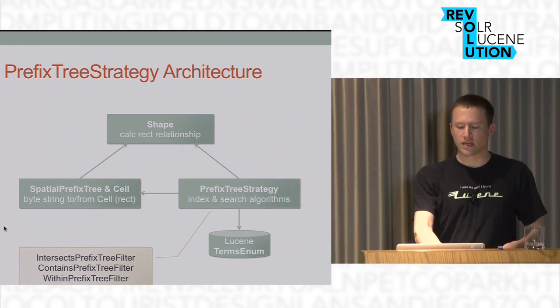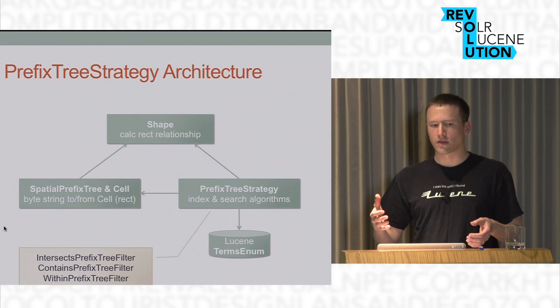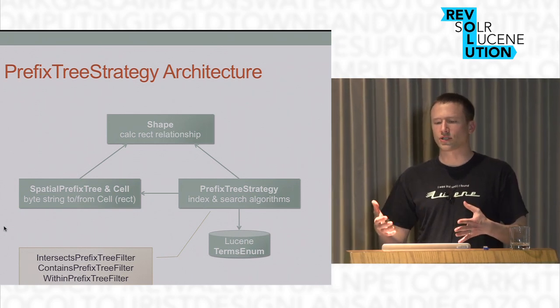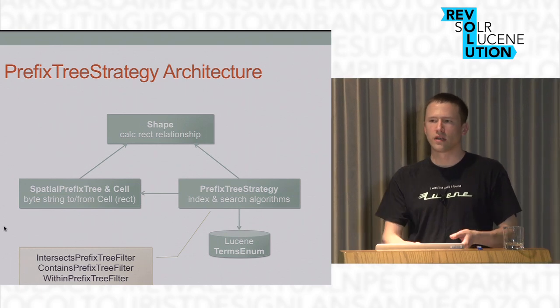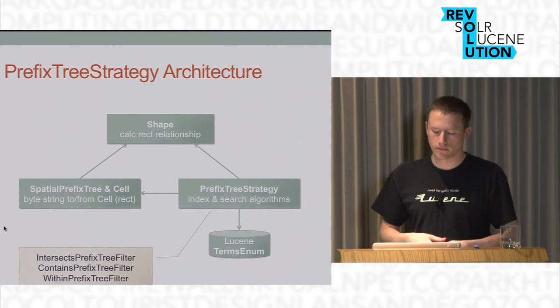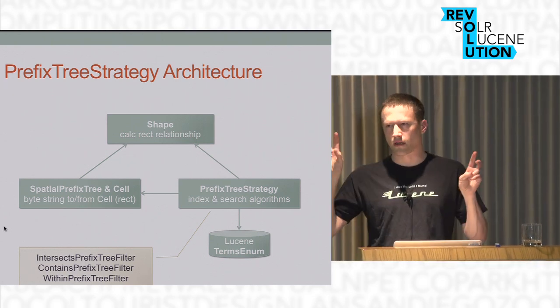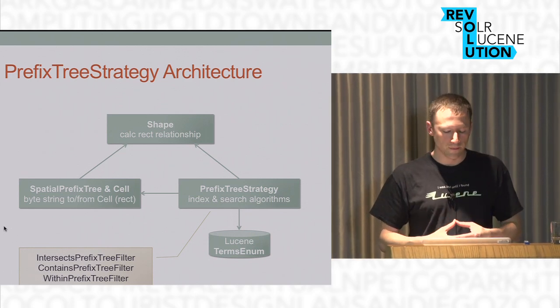But that's not search. It's just a way of decoding a shape into a sequence of grids, smaller grids. That's all the spatial prefix tree is. If it had a better name, it might be spatial grid. I recently renamed the node to cell because I think cell better evokes the spatial nature of it.